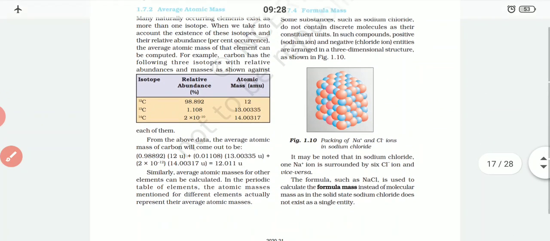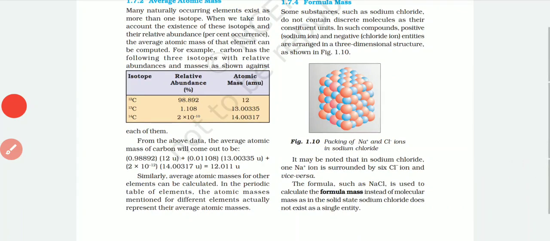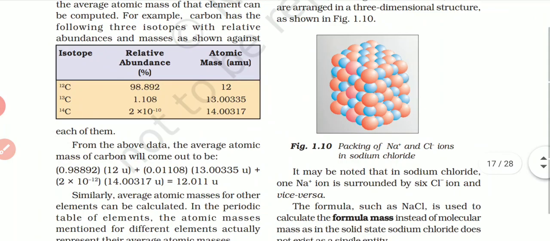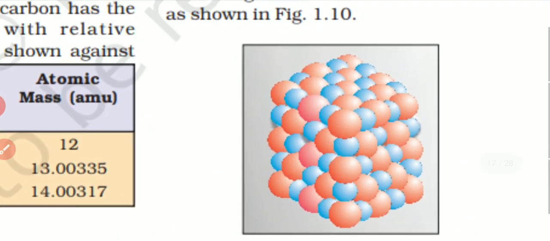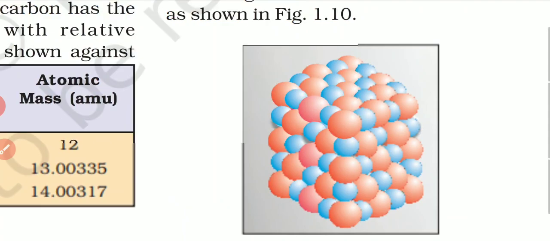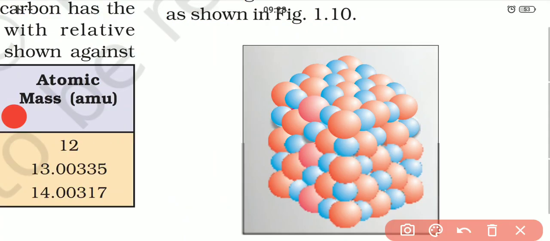In this structure, one sodium or one positive ion is surrounded by 6 negative ions, and one negative ion is surrounded by 6 positive ions. See here, you can see that one positive ion is surrounded by a total of 6 negative ions.